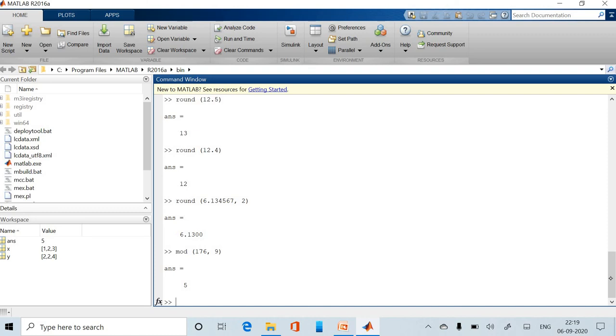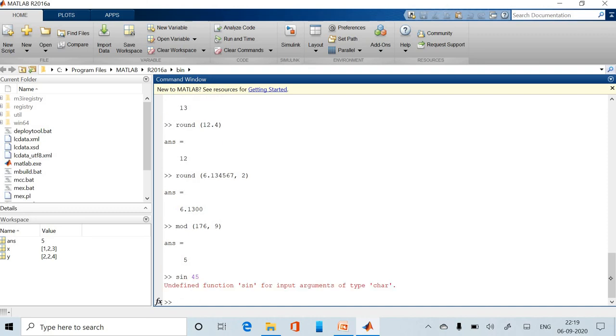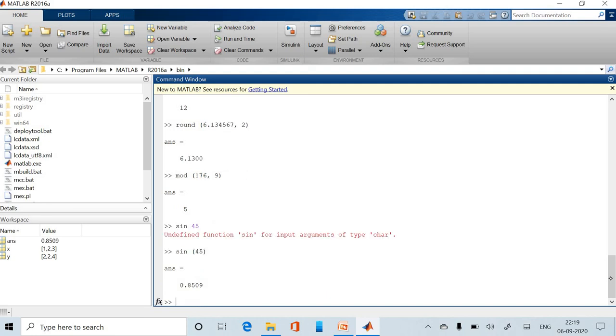Okay. Now see some trigonometric functions. Whenever in MATLAB we use sine, we are actually getting the answers in radians. Suppose sine 45, you see. Sorry, the parenthesis was missing. So sine parenthesis 45. So you are getting 0.8509.